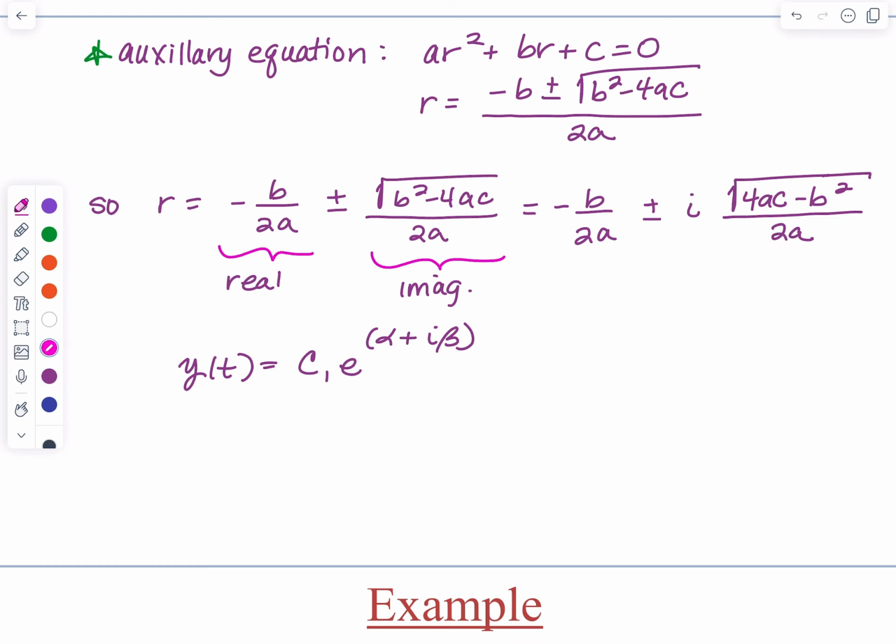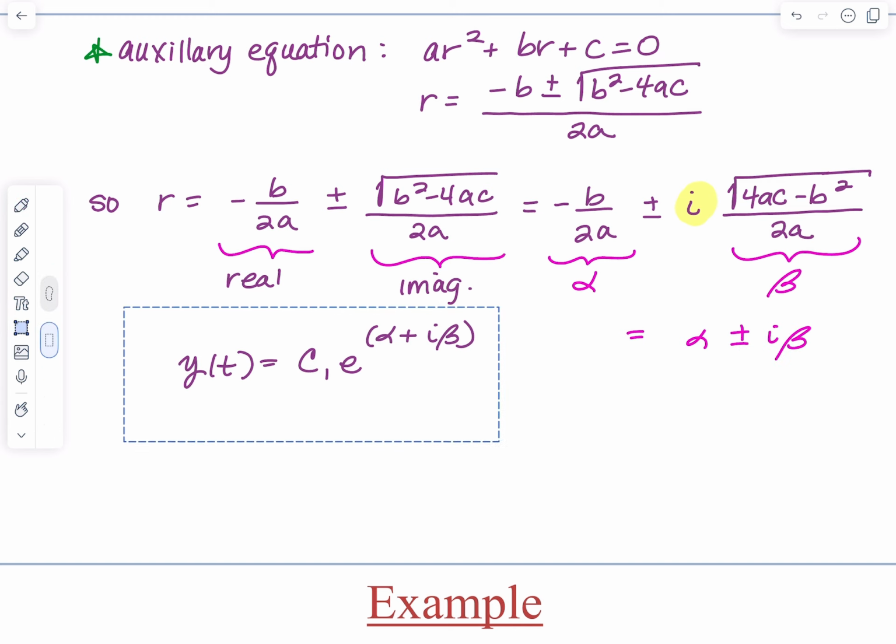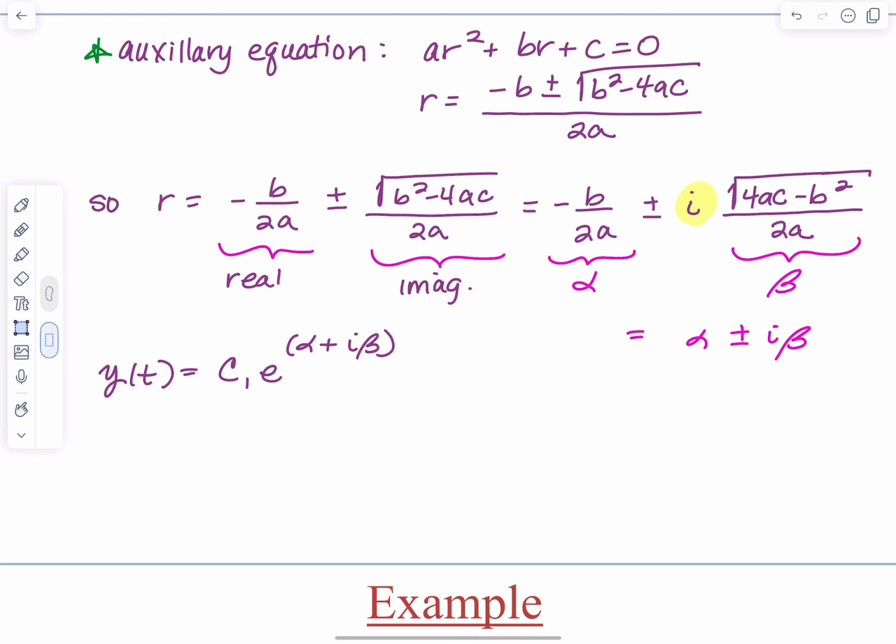This would now be a real number that we could call beta. This is a real number that we could call alpha. And of course, we still have our i. So we could say that we have alpha plus or minus i beta. And that's what leads us to this solution.